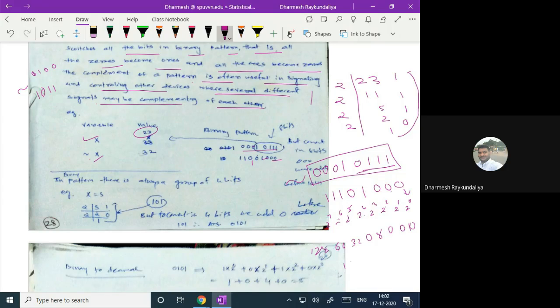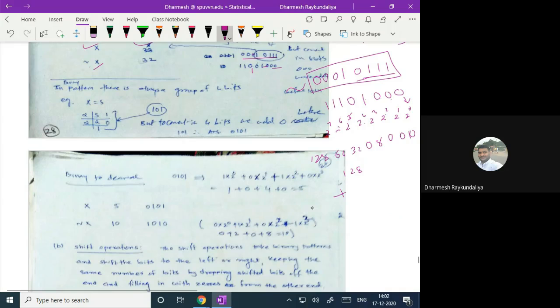So this is 128 plus 64 plus 32 plus 8. What is the result? It is 228. This is not 32, it is 228, because I had made a mistake here.